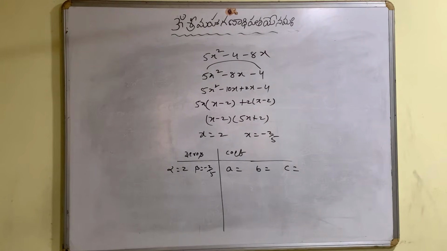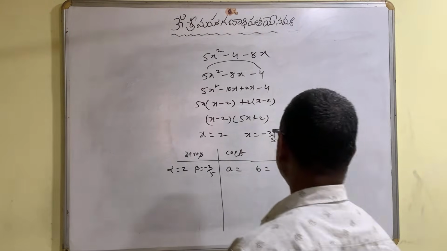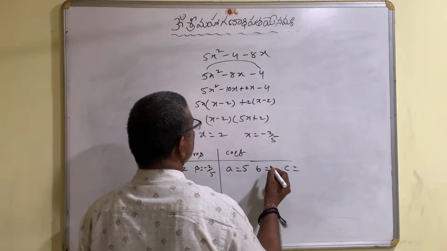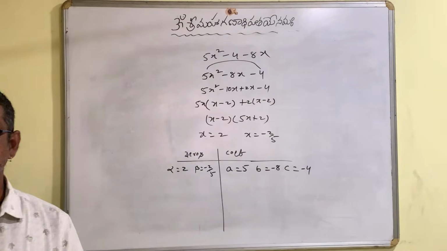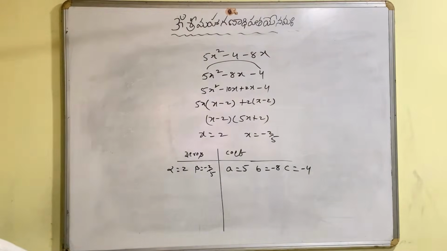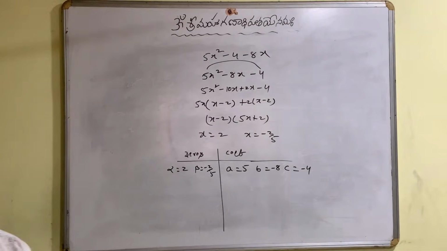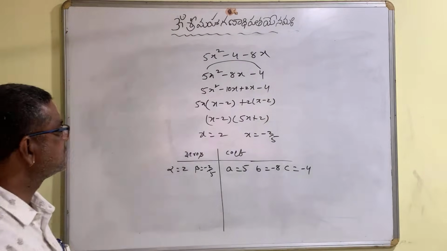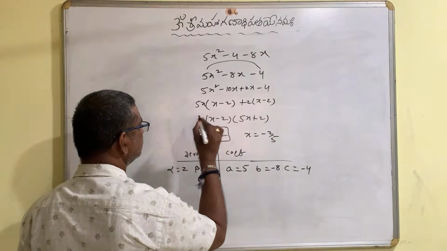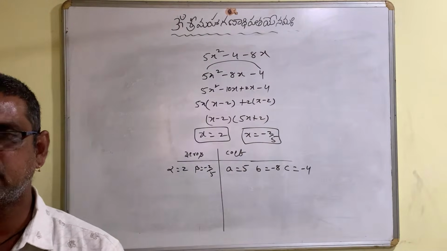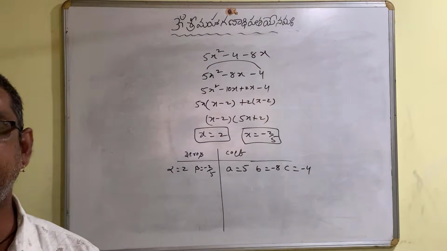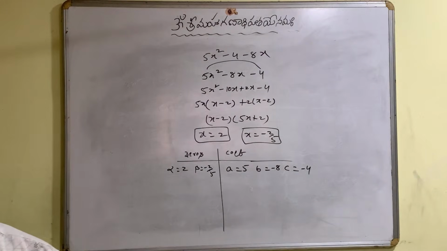A is 5, B is negative 8, C is negative 4. These are the coefficients. Whatever zeros we got, name one zero as alpha and the other zero as beta.